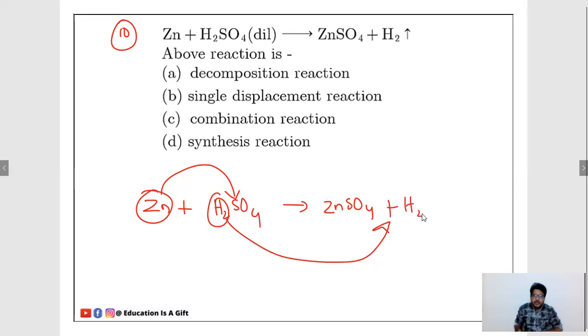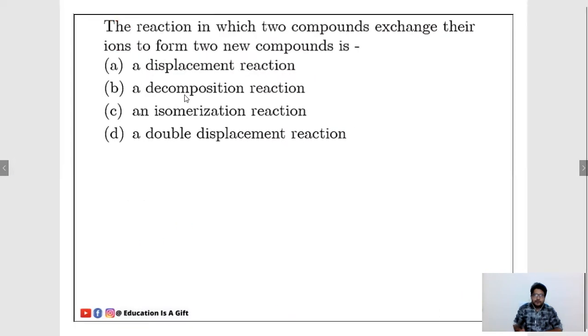How many displacements you can see? Only one displacement. So answer is single displacement. This is also very direct question. Coming to 11th, the reaction in which two compounds exchange their ions to form new compound.